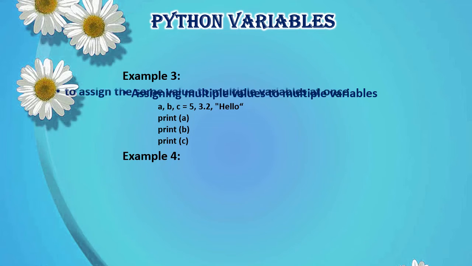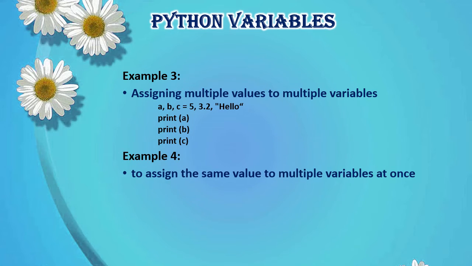Another example is to assign the same value to different variables at a time. See here, x equal to y equal to z equal to same. Here all three variables hold the same value. If you print x, y, z, it will print only same.